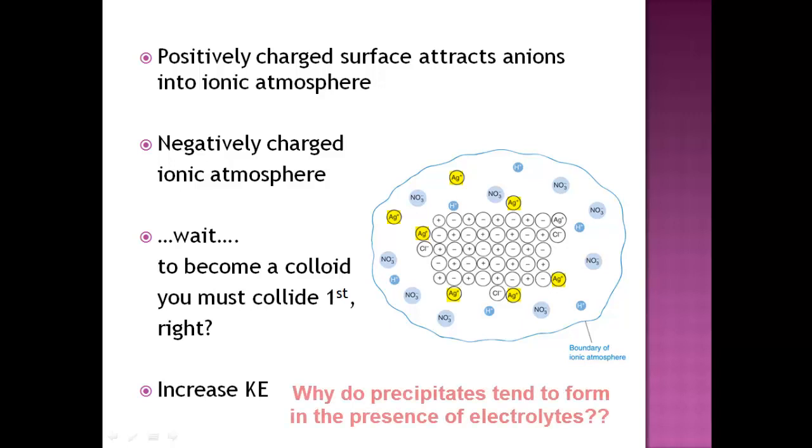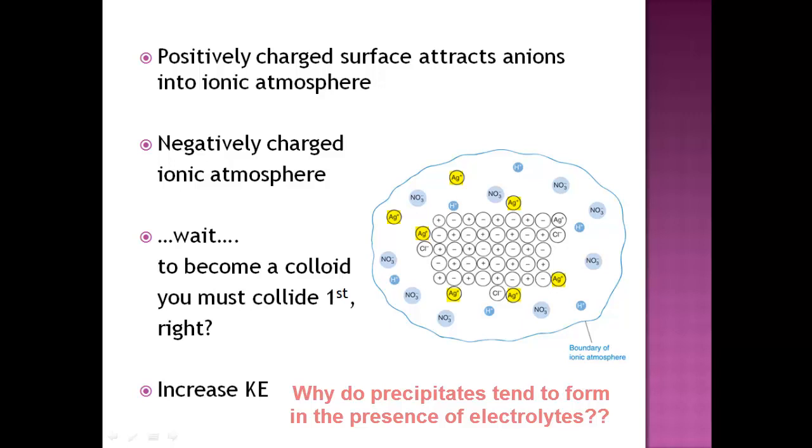Remember the original question? The original question was, precipitates tend to form in the presence of electrolytes. And this is more or less the big finale, right? If you increase the electrolyte concentration, in this example nitric acid, that's going to decrease the thickness of the ionic atmosphere.